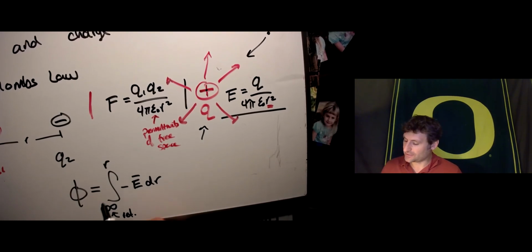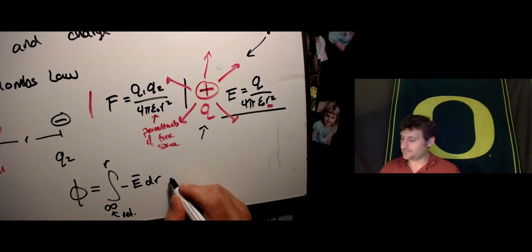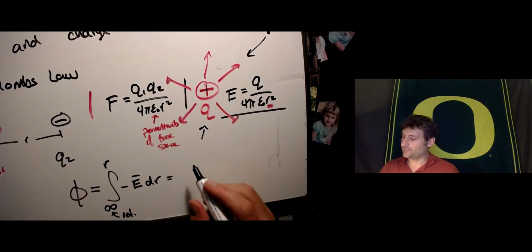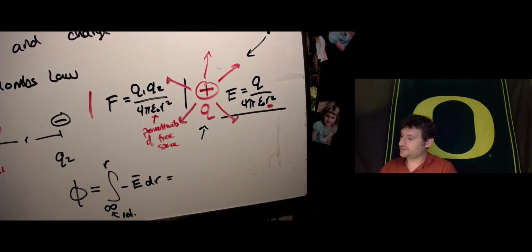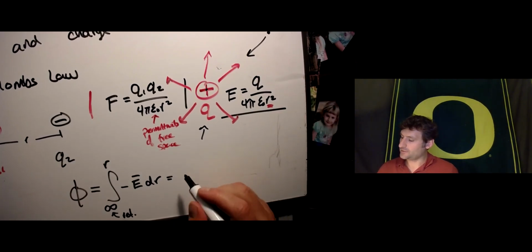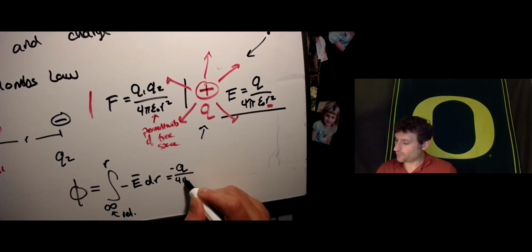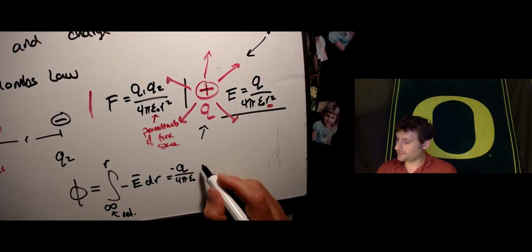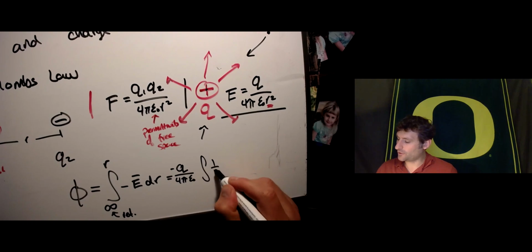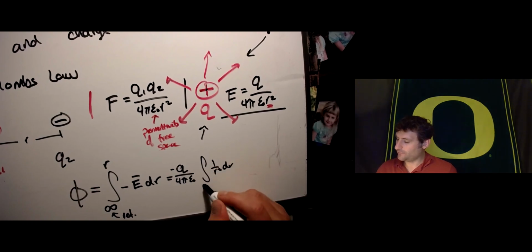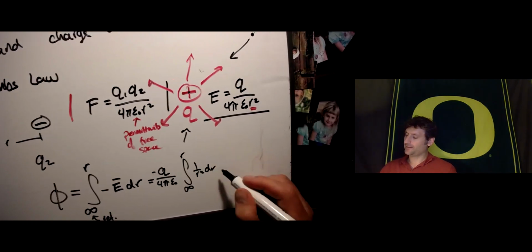Okay, so this is the sign, and I can just integrate this expression for the field. Now these are all constants except for r, right? R is the only thing that I need to worry about, so I can bring the rest out. Negative Q over 4 pi epsilon naught, integral of 1 over r squared dr from infinity to r.